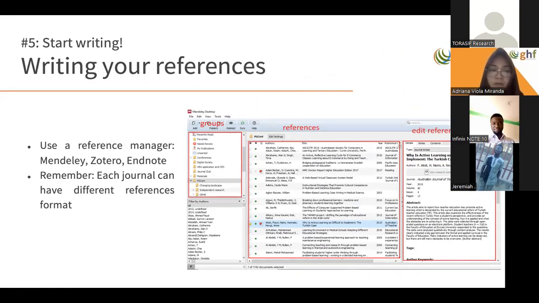This is particularly important because usually the reference manager has a tool that can automatically change the bibliometric data of your article into a different citation format.